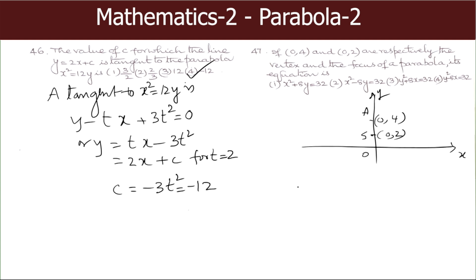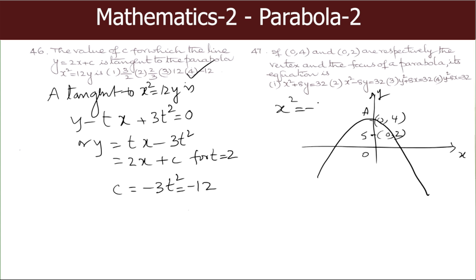So, the axis of the parabola is the y-axis, and therefore the parabola is like this, downwards from the vertex, that is opening downwards. What is the equation of the parabola? Well, the vertex is (0, 4). The equation is of the form, because it is facing downwards, x square equal to minus 4ay.